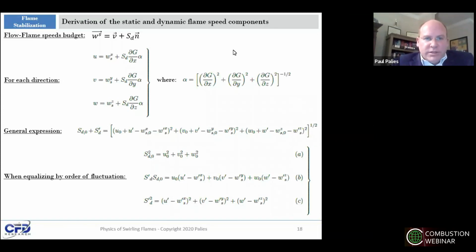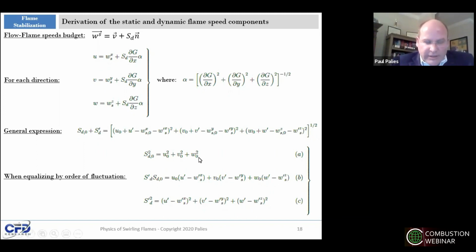So we start with the flame speed budget. For each direction, we split the flow into this static component and a dynamic component. And when we equalize by order of fluctuation, so what does that mean? That means that each static component balances itself, and the fluctuations of first order interact with each other, and second order interact with each other.